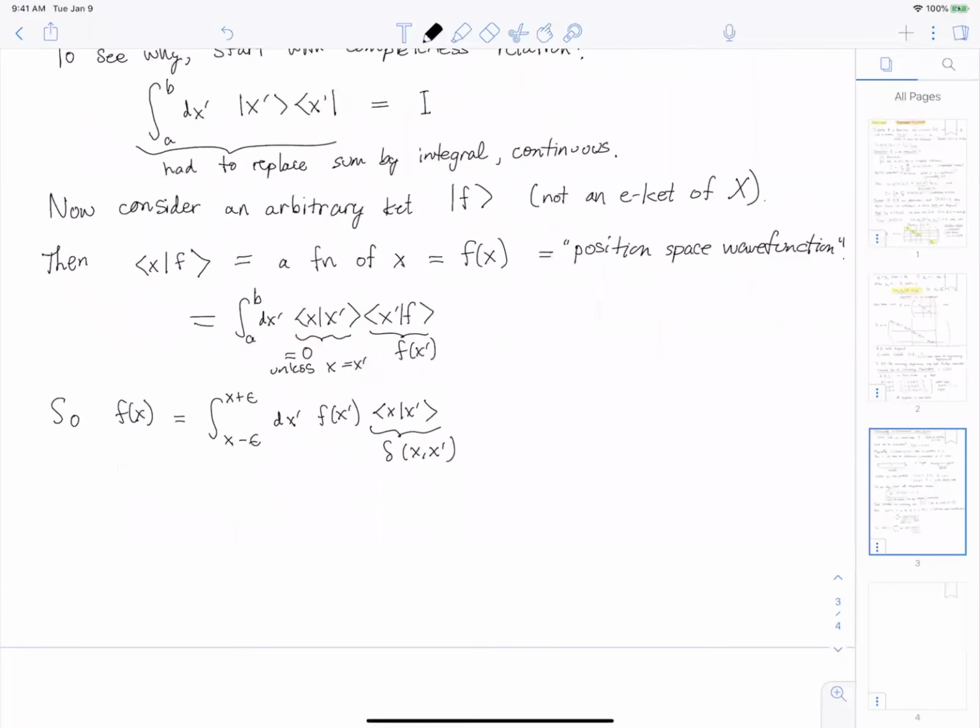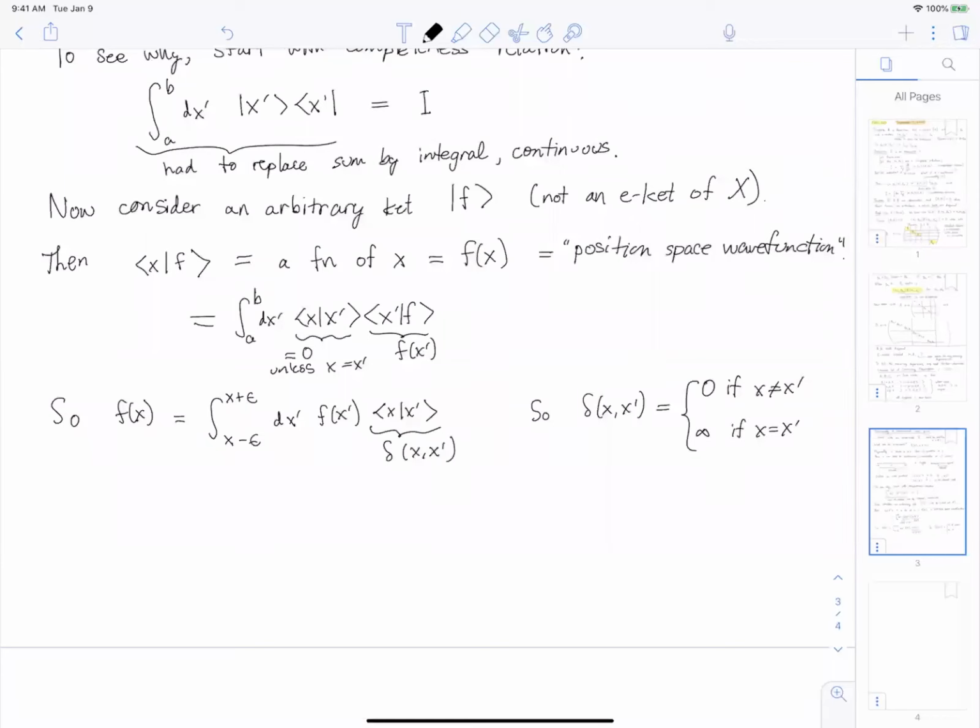And so it must be true that delta of x and x prime is equal to 0 if x does not equal x prime, and it's infinity if x equals x prime.